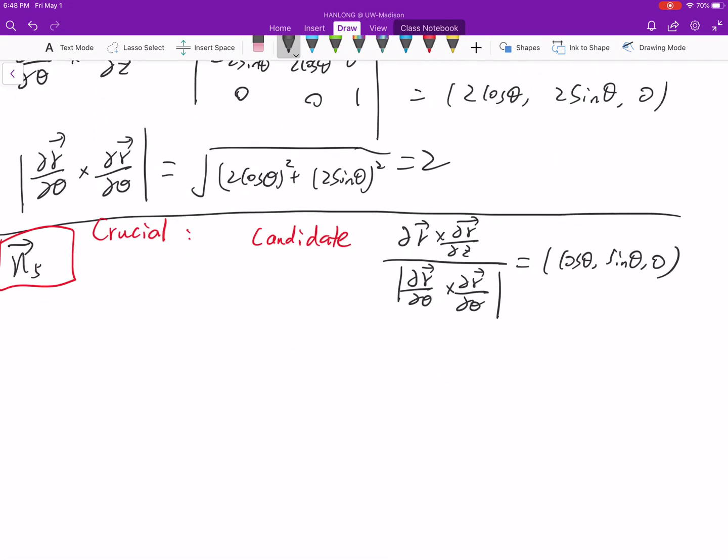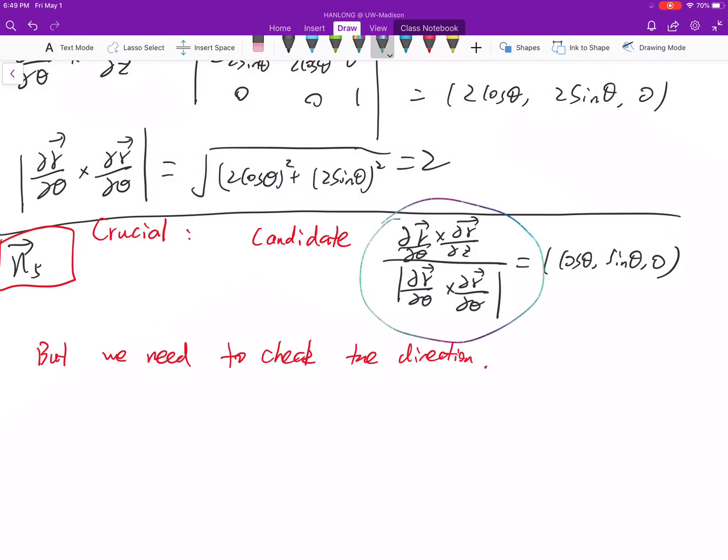But we need to check the direction, because we already mentioned that for a parameterized surface, the order of your parameters matters if you use this formula to decide the unit normal vector.